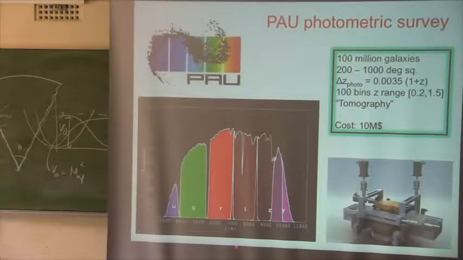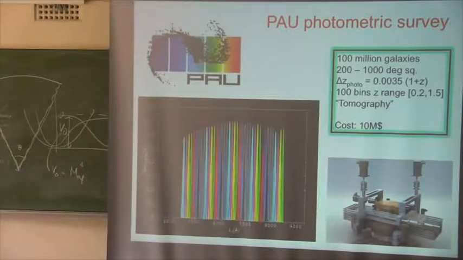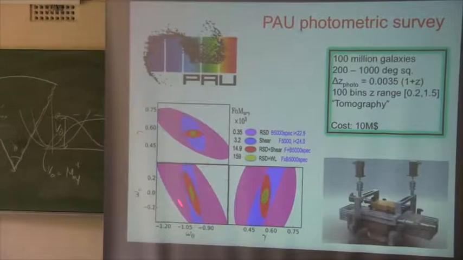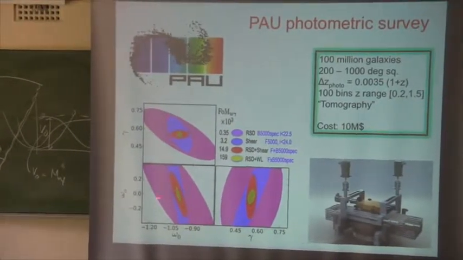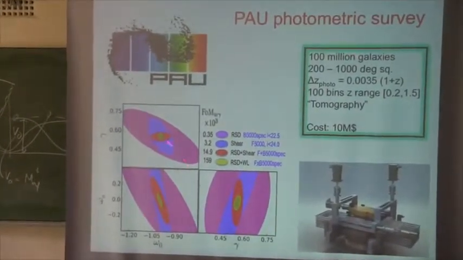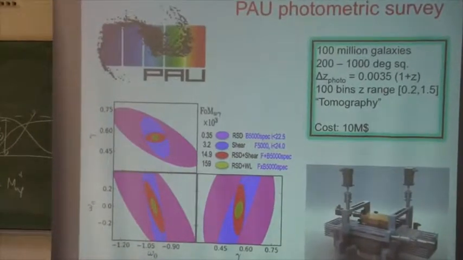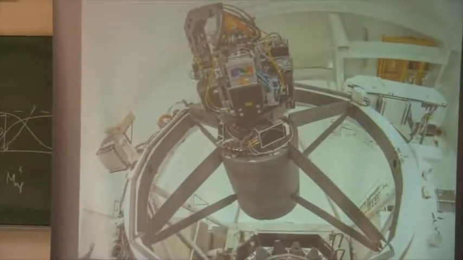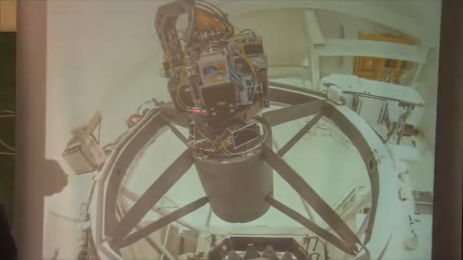So these are the 5 bands from DES, and these are the bands from PAUS. Many 100 angstrom width, and it's already taking data. This is the resolution that you will be getting on w0wa, the resolution with respect to DES. It's already in place at the William Herschel Telescope in the Canary Islands. This is our camera, we built it.